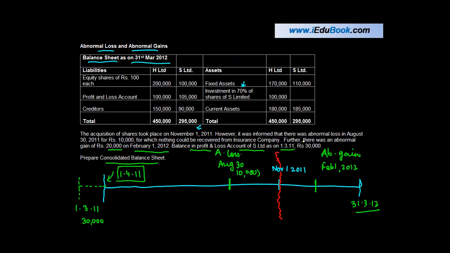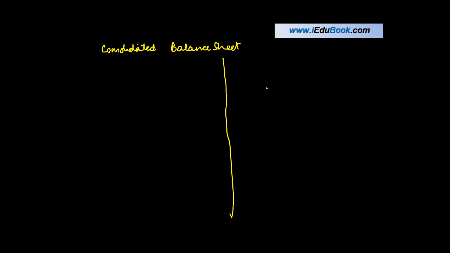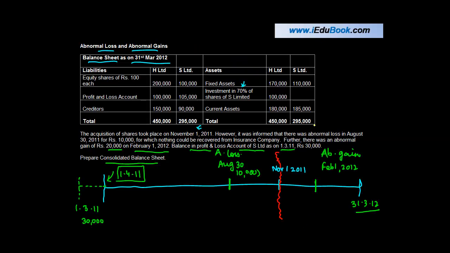So consolidated balance sheet. So fixed assets 170 and 110. So we have assets, non-current assets, under which we will have fixed assets. How much? 170 plus 110.